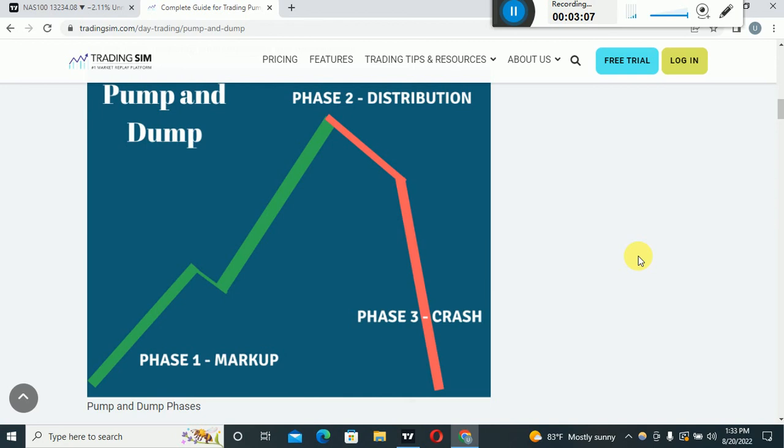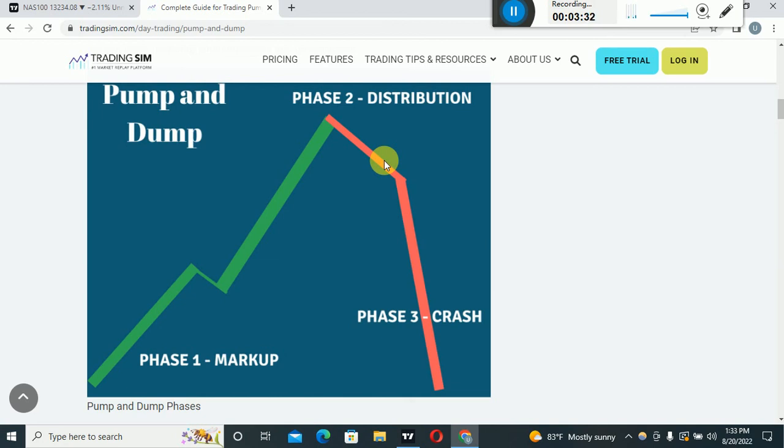Phase 1 is the markup phase when the price begins to trend. You see the higher high, pullback, impulse, retracement, and then it gets to a peak. Phase 2 is where you get the peak formation. Price begins to consolidate around phase 2, and then it crashes.